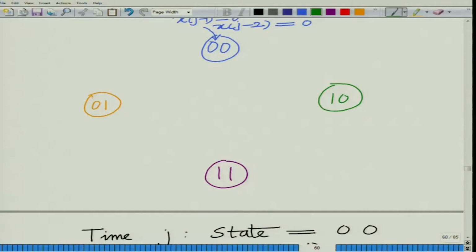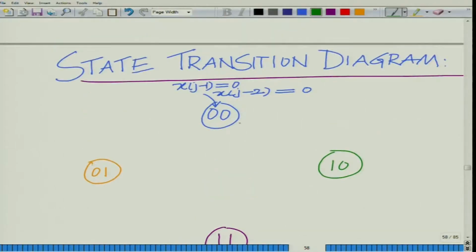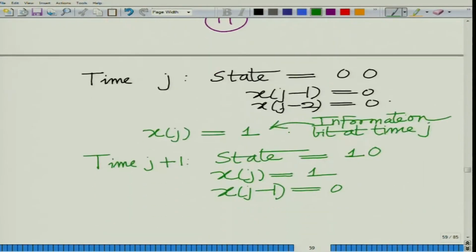So, that is the whole point. It transitions to 1 0 on arrival of 1. Remember, this branch is represented by the input bit and the corresponding outputs. Let us look at the outputs.